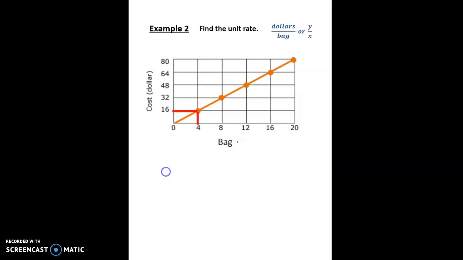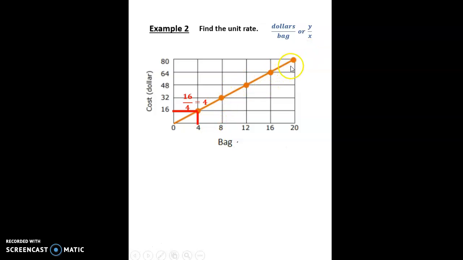We'll go up from 4 and over from 16. This point represents $16 in 4 bags. So our fraction is 16 over 4, and we get 4.